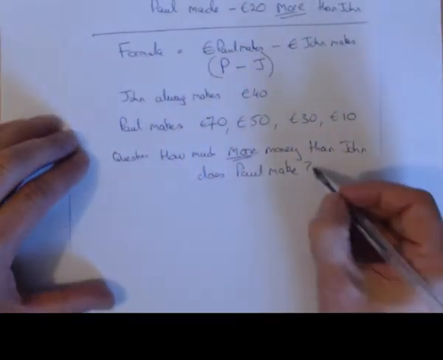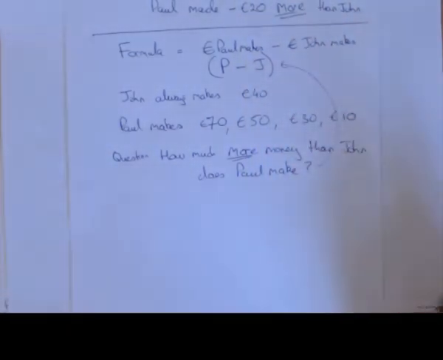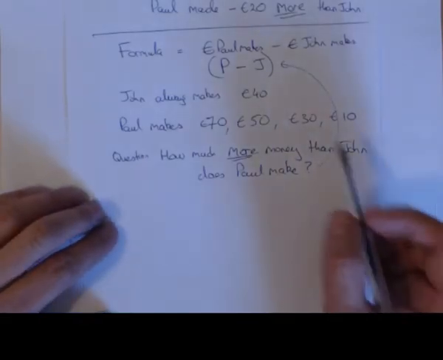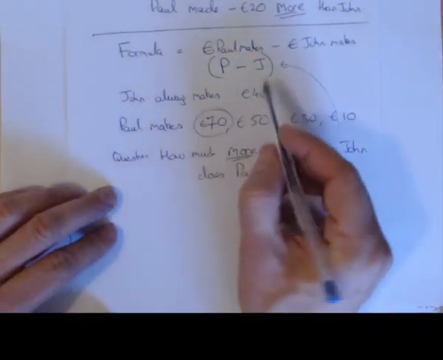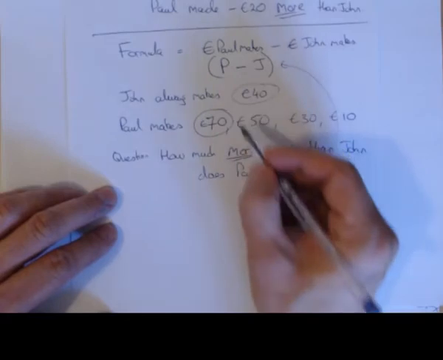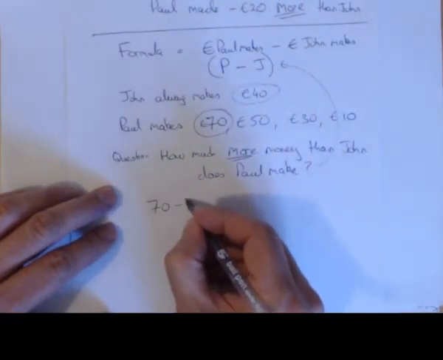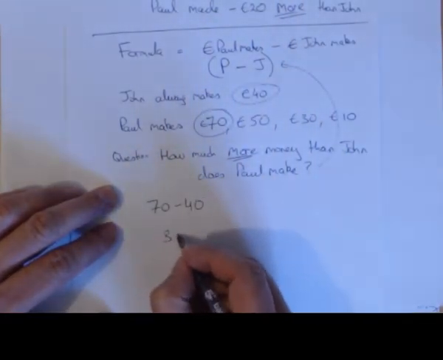And we just use the formula. And actually, if you like, you can just put that straight into your calculator. P is the amount of money that Paul makes, 70, less the amount of money that John makes, 40. So for your calculator, you're going to go 70 minus 40, and your answer will be 30.